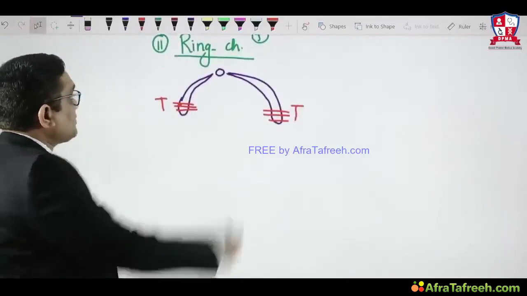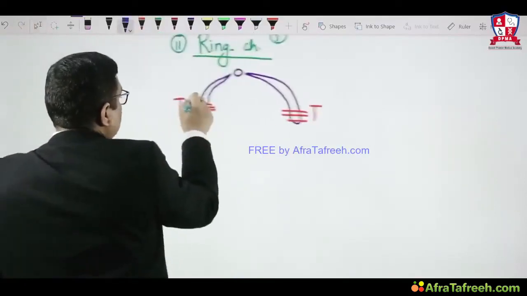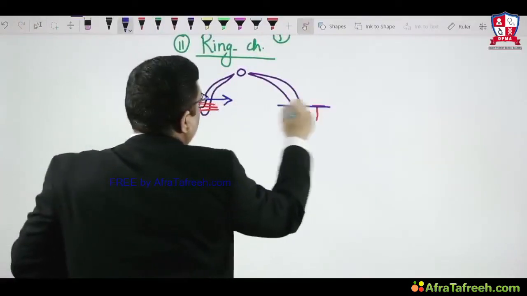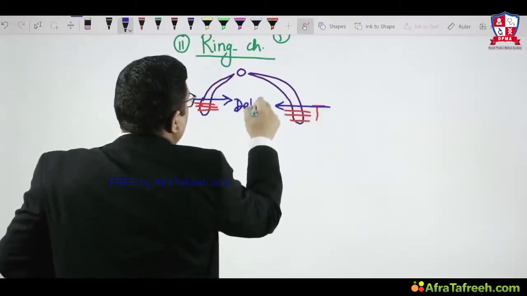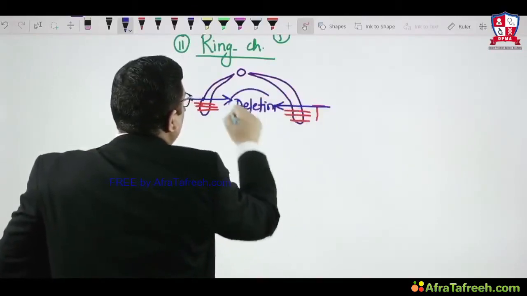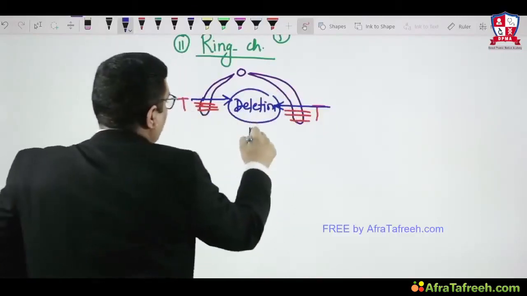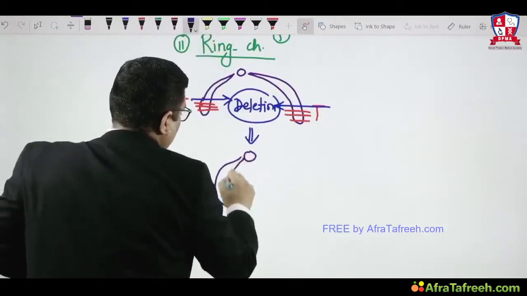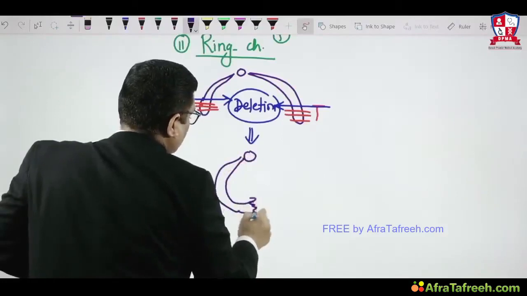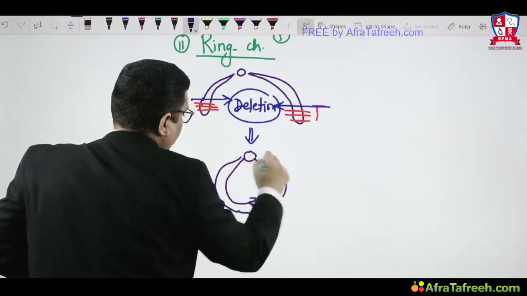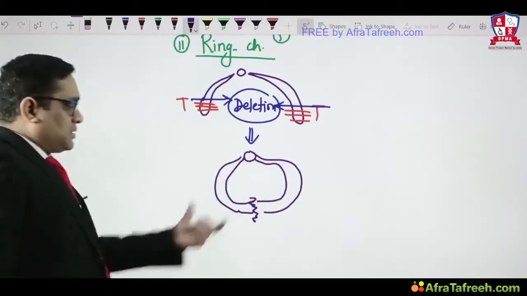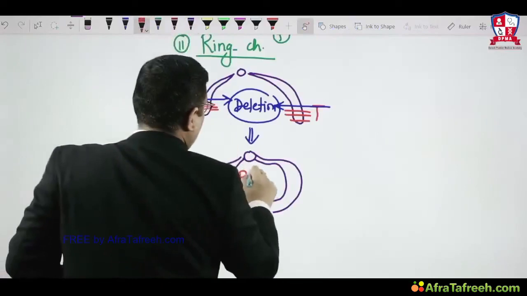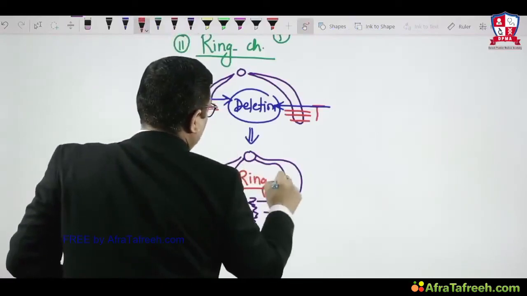But when there is a deletion at the terminal ends, so suppose these are the areas where they have deletion, because of the deletion at the end of the chromosome, telomeres will be lost, and as a result you will notice that the chromosomal ends have fused together like a ring. Now they look like a ring, and that is why it is called a ring chromosome.